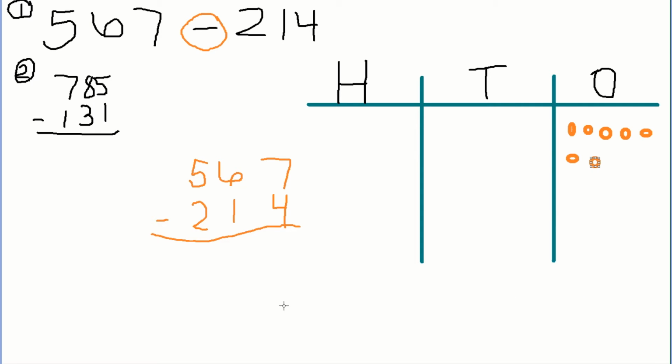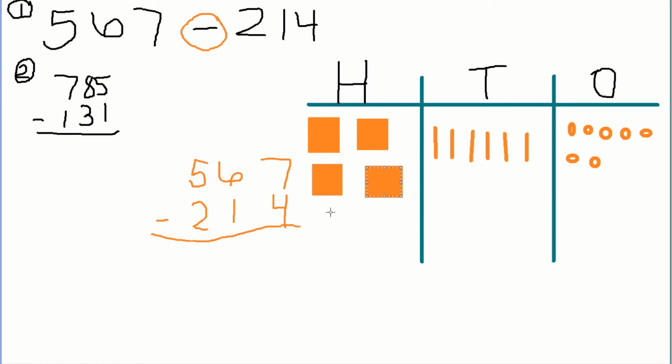And then it says for our tens, we need 6 tens. 1, 2, 3, 4, 5, 6. And then for our hundreds, it says we need 5 hundreds. So 1, 2, 3, 4, 5.